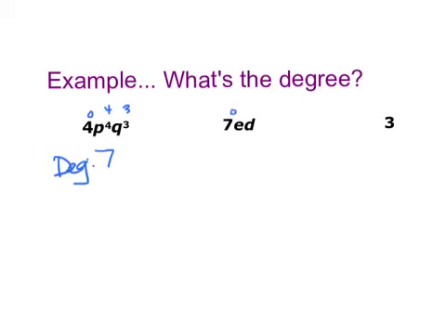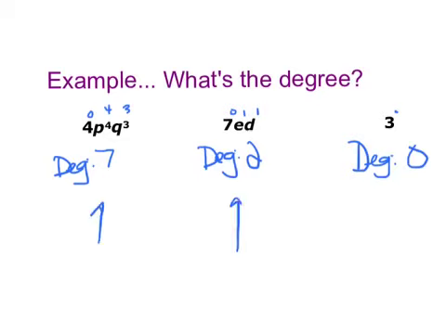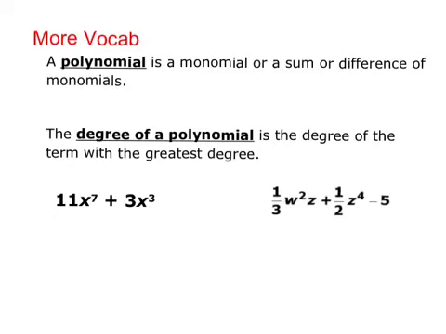Here, 0, 1, and 1, and so my degree on this one is 2. And then this is 0, so my degree here is 0. So this one has a degree 7, this one has a degree 2, and this one has a degree of 0.